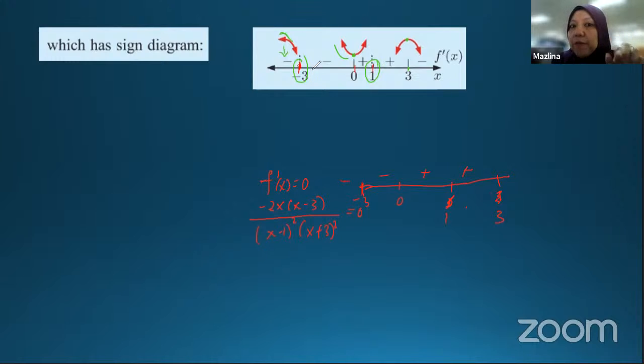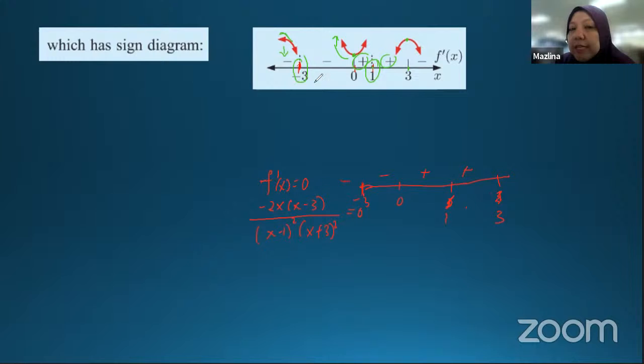But for negative 3 and above, the curve is concave up. So point of inflection will affect the concavity. Tapi turning point will give us whether it is a minimum or maximum point. Okay, so same goes to at 1 here. Because you can see the gradient is positive and positive. Tapi we have a stationary point.